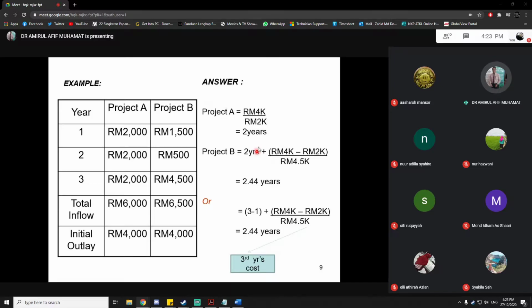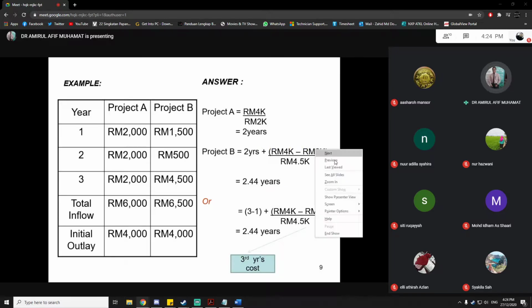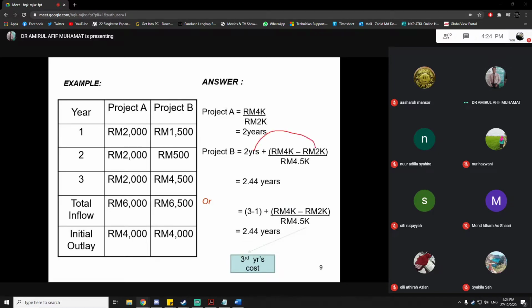So 2 years here means that the whole amount here will be used to cover the cost. So the total for 2 years is 2,000. Here is the initial outlay.